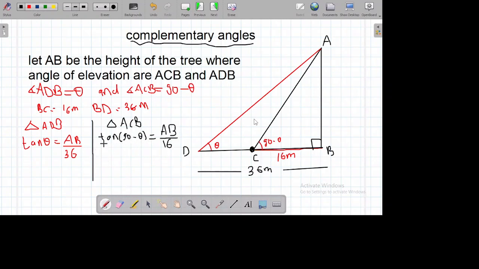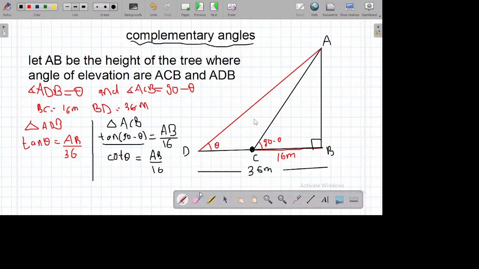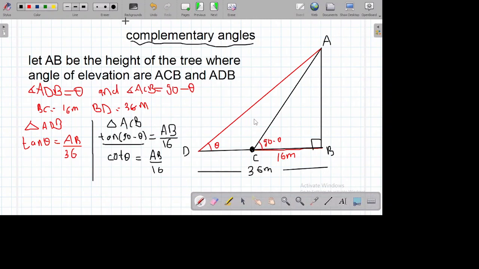Now, we know that tan 90 minus theta means cot theta, because 90 degree lies on the first quadrant, and there is an odd number, and odd number means it changes. So this much we got. Now we don't need cot, so I'll write 1 by tan.